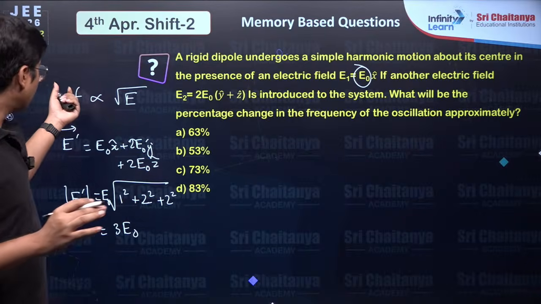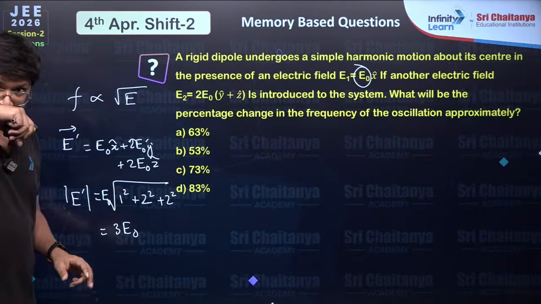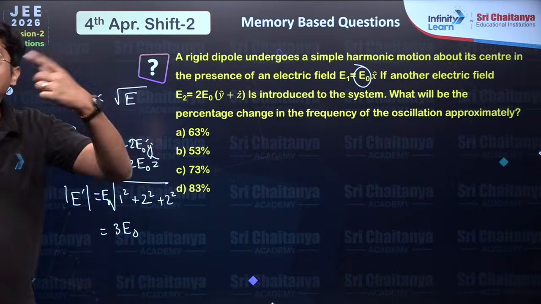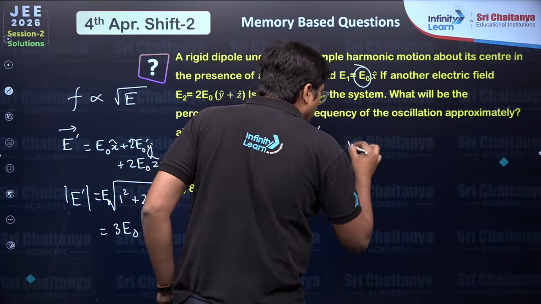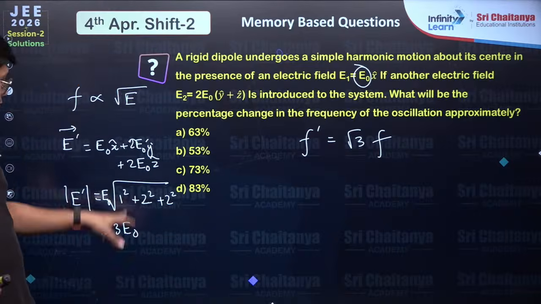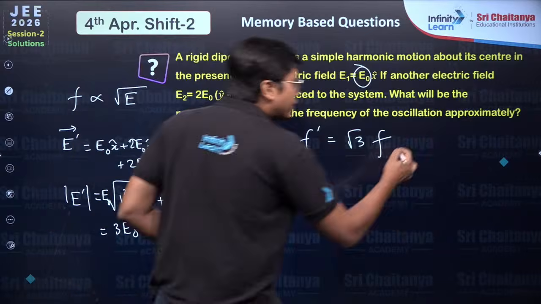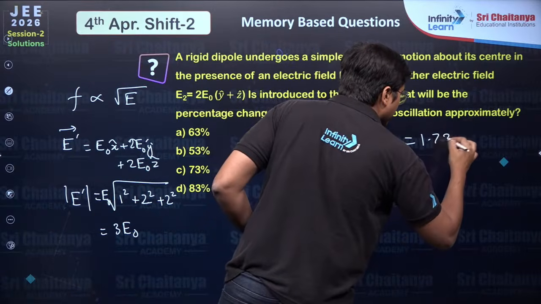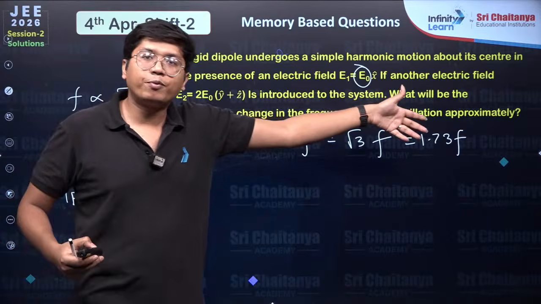So if I know that the frequency is proportional to root E, if I make the electric field 3 times, then the new frequency would be root 3 times the original frequency. So root 3 times means what? It's 1.73. F became 1.73 F.